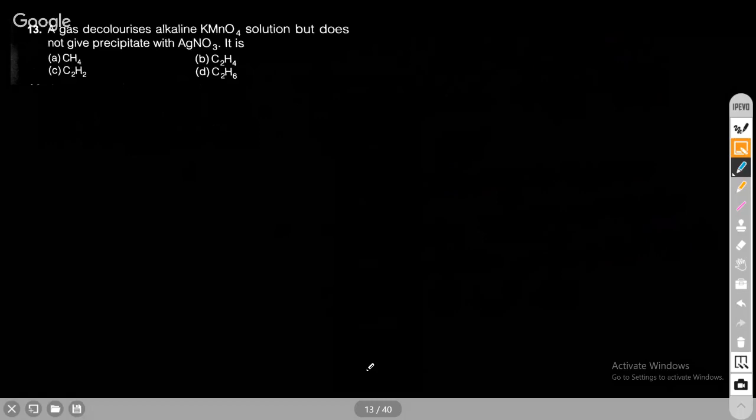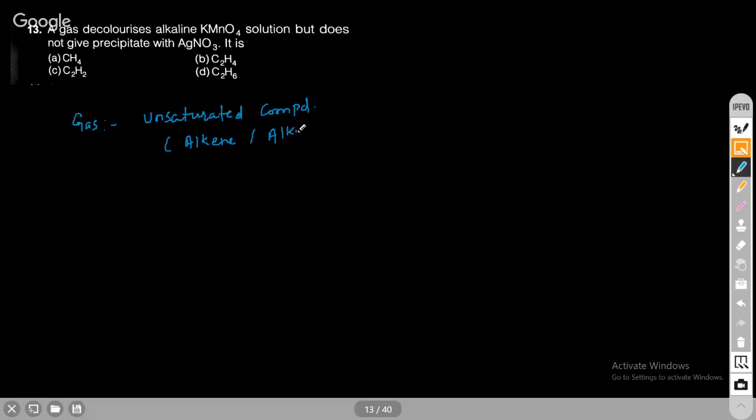What happened, guys? Okay, you see, a gas decolorizes alkaline KMnO4, right? So when this decolorization takes place, it means the gas must be unsaturated. The gas is an unsaturated compound, which can be alkene or alkyne.